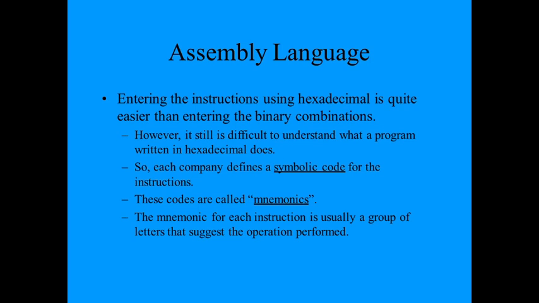Just to make programs easy to understand, each company, each microprocessor defines a symbolic code for each instruction. These codes are called mnemonics. The mnemonic for each instruction is usually a group of English letters that suggests the operation which has to be performed.